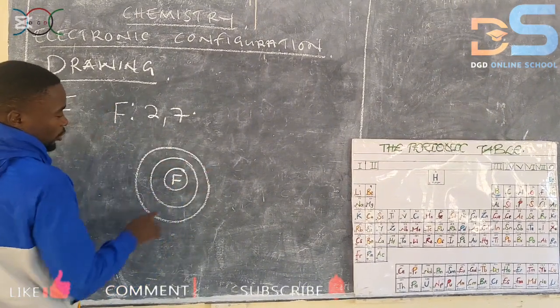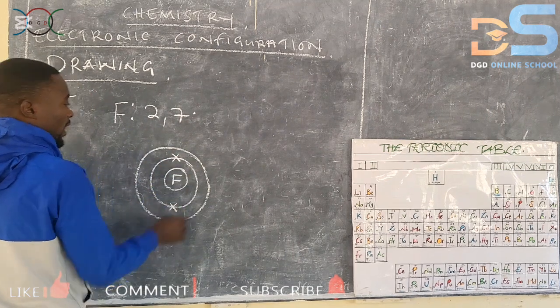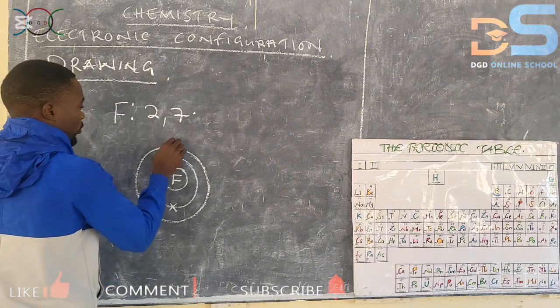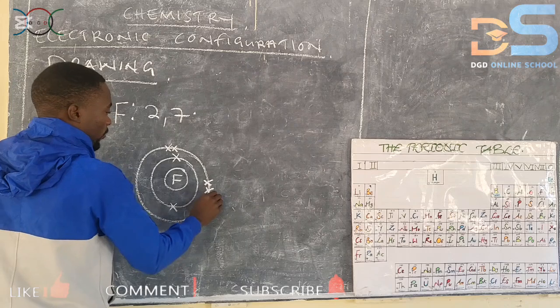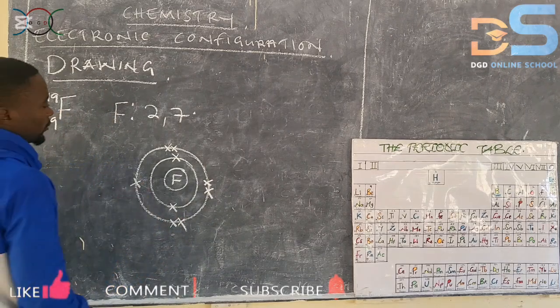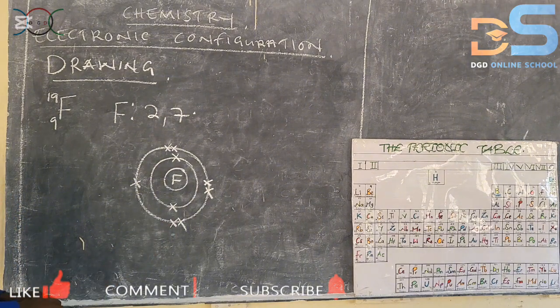In the first shell we have 2 electrons, and in the second shell we have 7 electrons: 1, 2, 3, 4, 5, 6, and 7. This is how the electrons in an atom of fluorine are distributed.